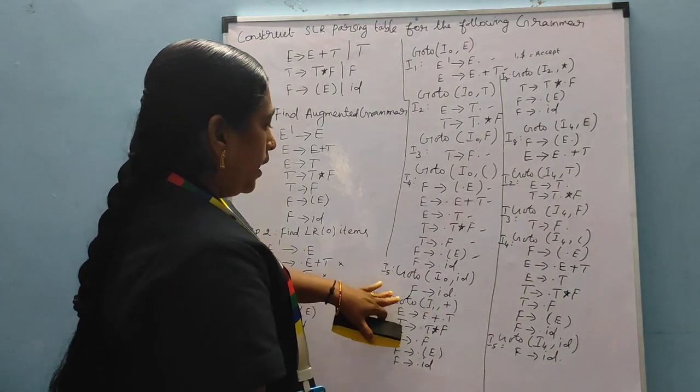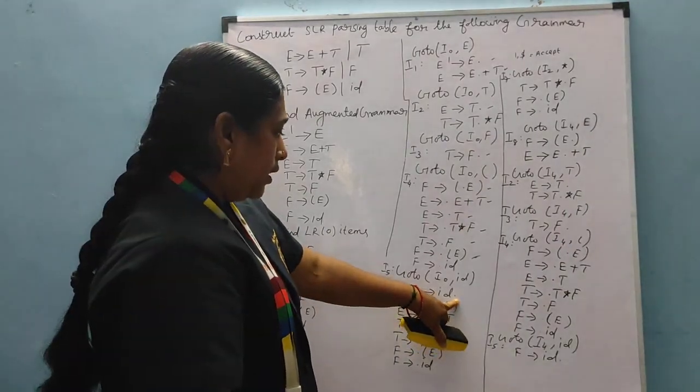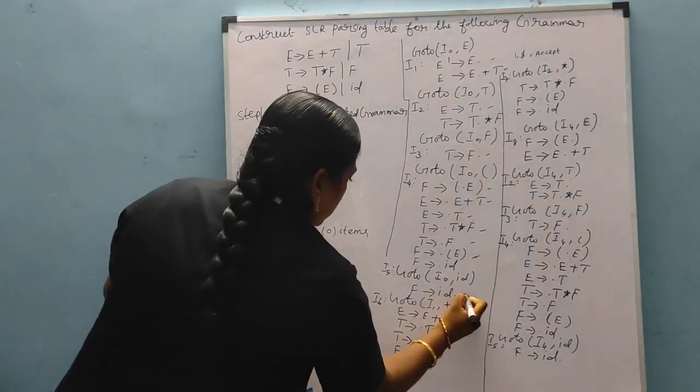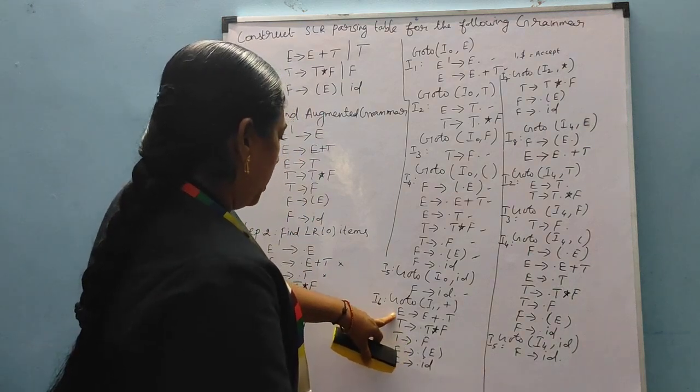Okay. Now I5. I5 already has the dot present at the end. So leave this one. Now we can go for the I6 state.